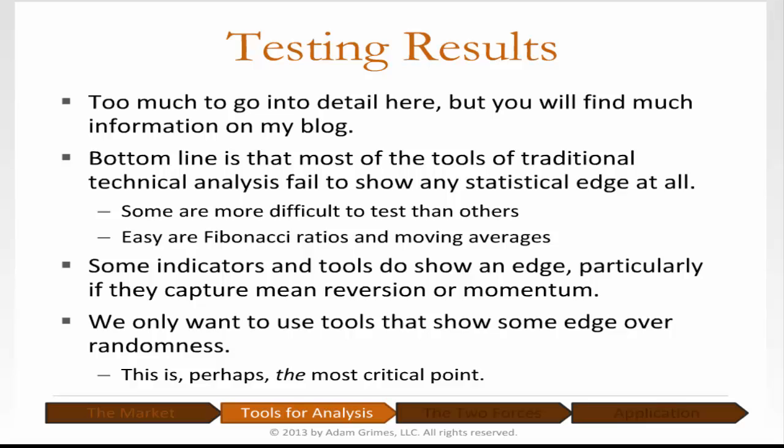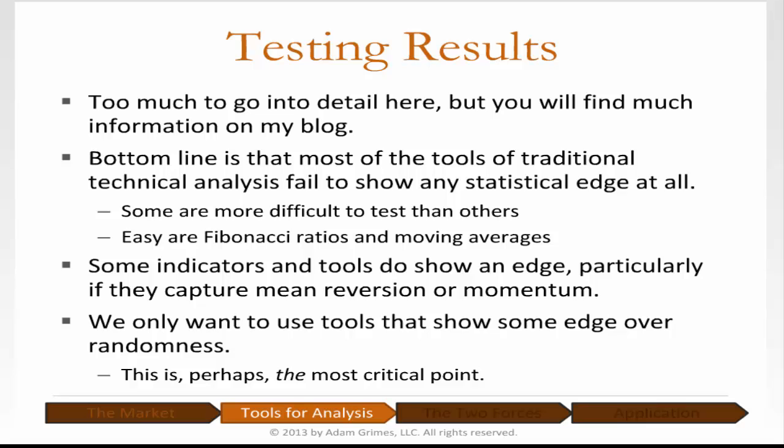I've talked about the lessons from these tests, and the bottom line is that most of the tools of traditional technical analysis don't show any juice at all in statistical tests. Touches of moving averages, most patterns, Fibonacci ratios in particular, there is no quantitative evidence that Fibonacci ratios have any significance in the market, and I don't use them.